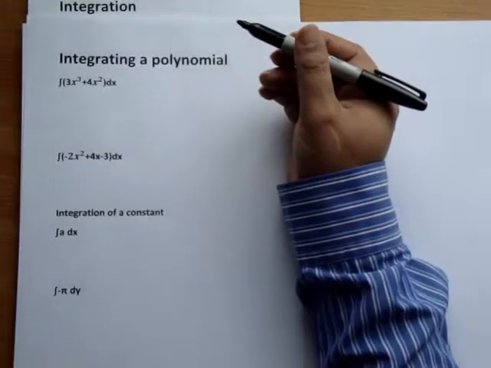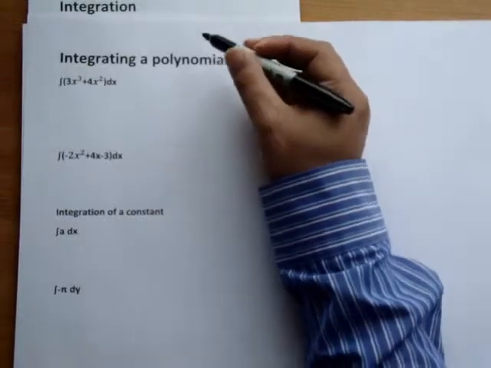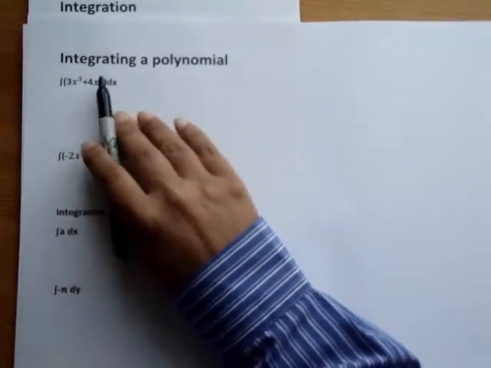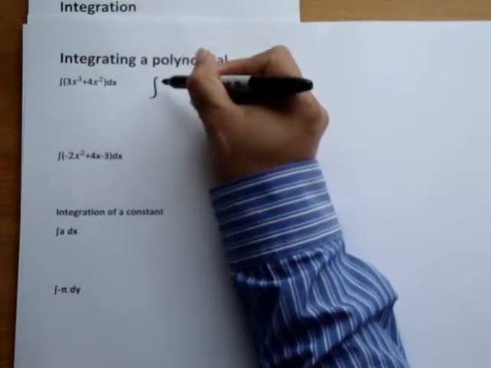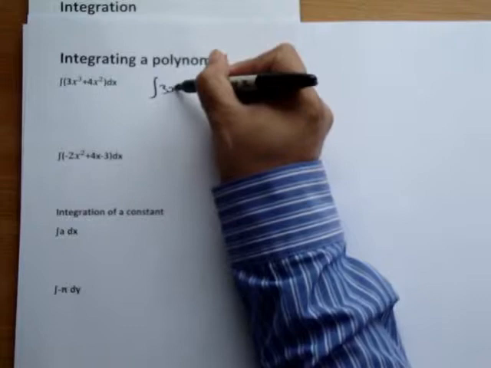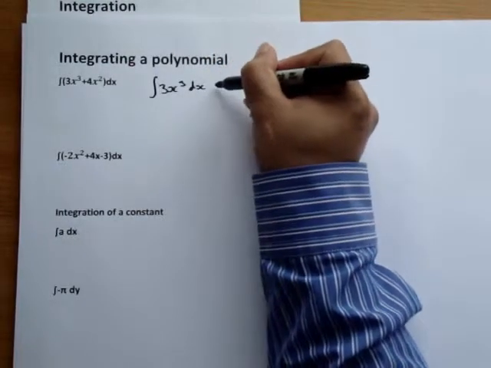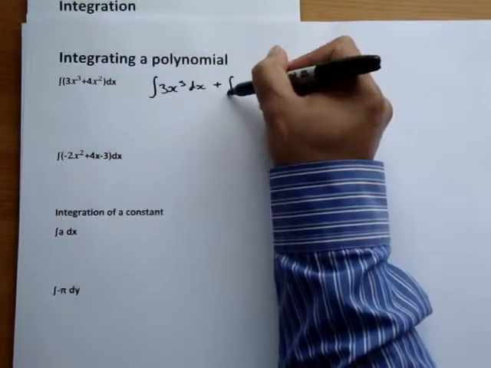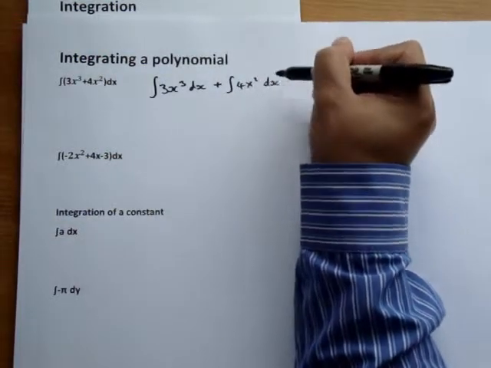When we're integrating a polynomial, we can split it into separate terms. For example, 3x cubed plus 4x squared: we have the integral of 3x cubed dx plus the integral of 4x squared dx.